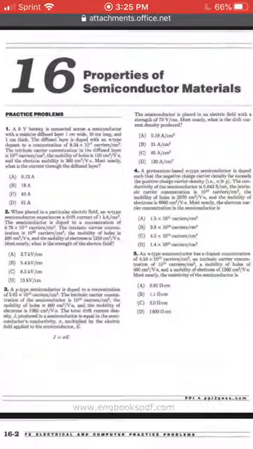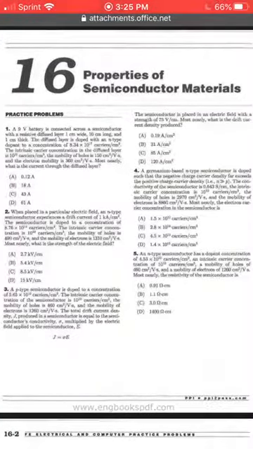A 9-volt battery is connected across a semiconductor with a resistive diffused layer 1 centimeter wide, 10 centimeters long, and 1 centimeter thick. The diffused layer is doped with an N-type dopant to a concentration of 8.34 times 10 to the 17th carriers per cubic centimeter.